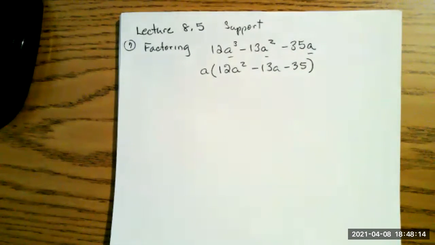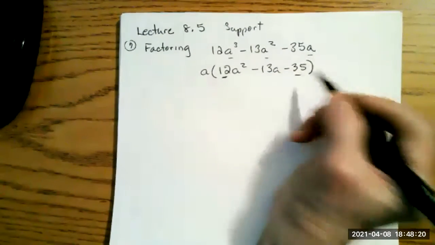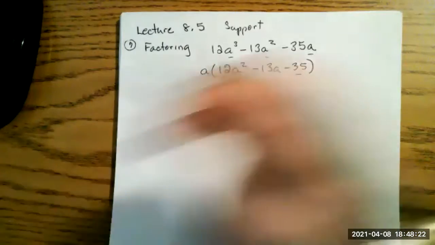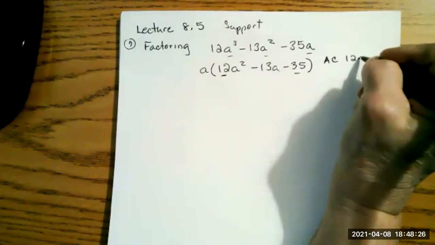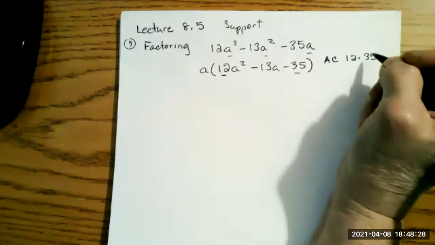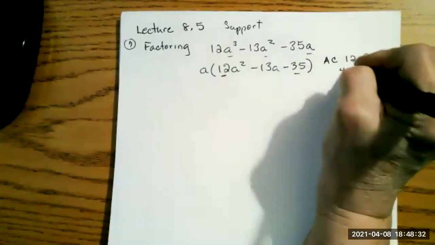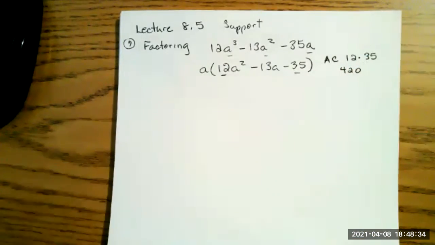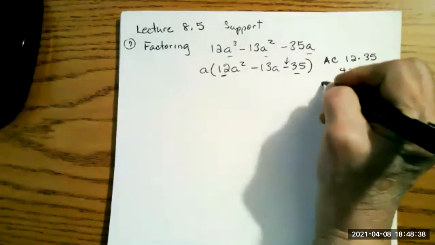Now, this is not necessarily a pleasant one, but this is an AC trinomial because you have a number in the front and a number at the end. So that's an AC trinomial. You're going to end up multiplying 12 times 35. And I'm going to cheat here because I've done this one already. It's 420.